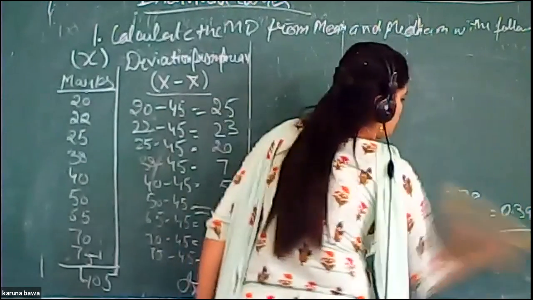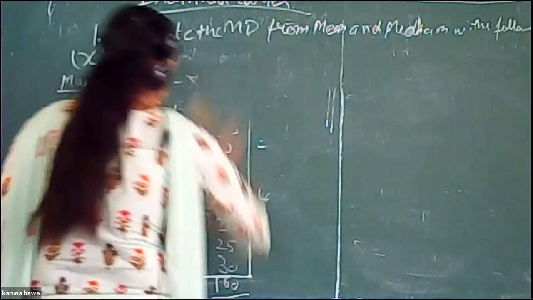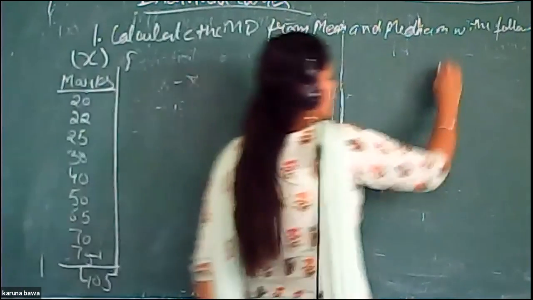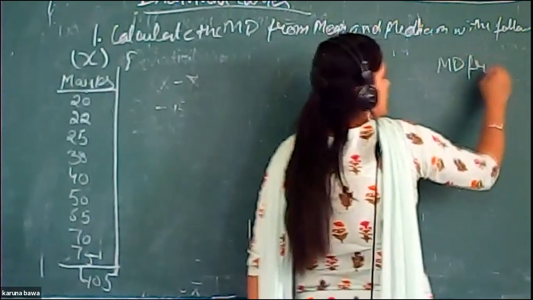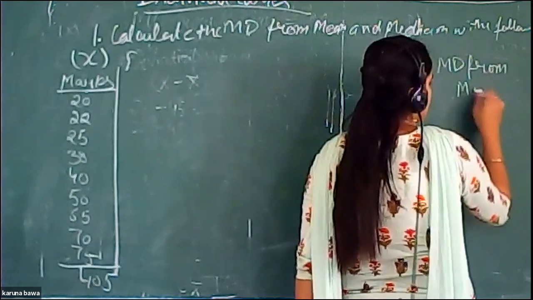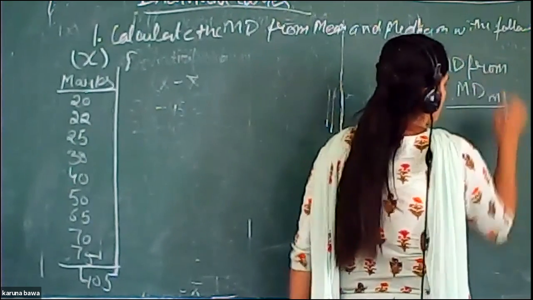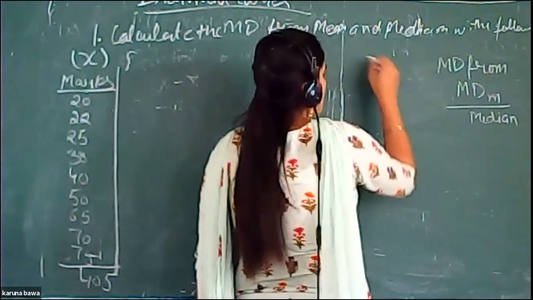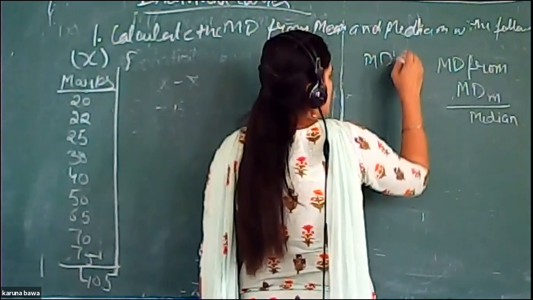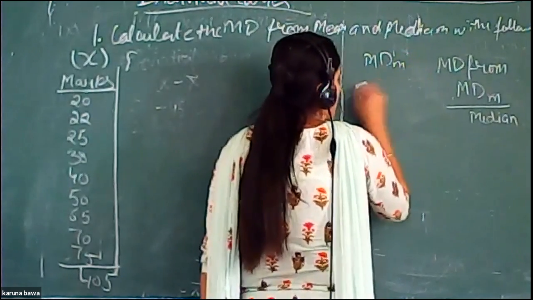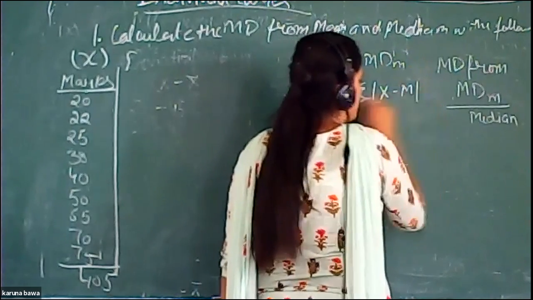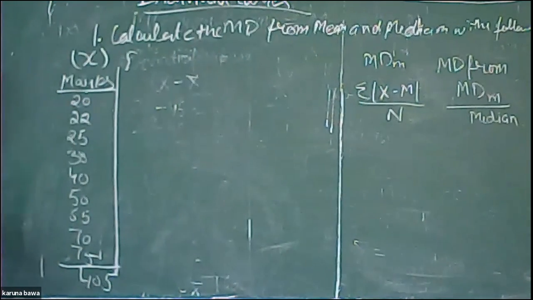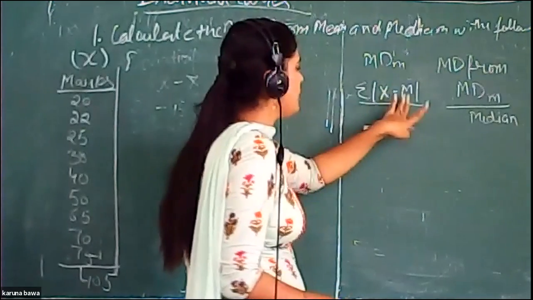So now find out the median. Find out the median value, the same as in the series. The formula of mean deviation from median is summation of x minus median divided by n.